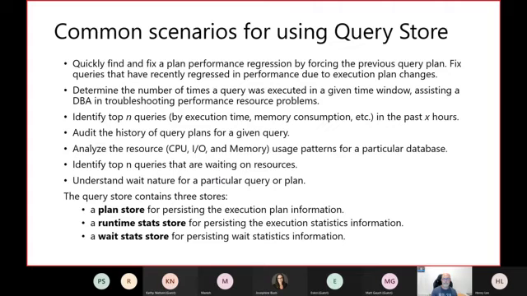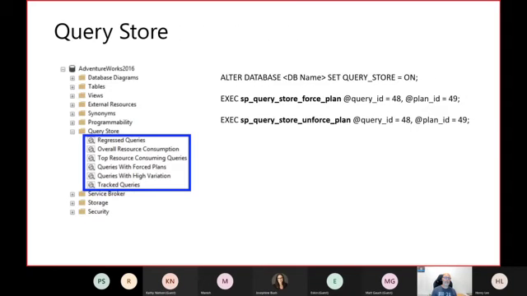So again, this is a summary of the things that we can have with Query Store. Consider that I'm saying user database. So if you have an instance with 10 databases, you have to enable Query Store in all the databases manually, right? Or, if you want, you can enable it in just 1, 2, 3, or all of them. But this is something that you have to do, right?